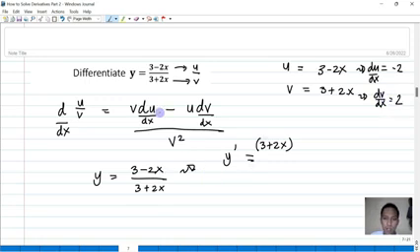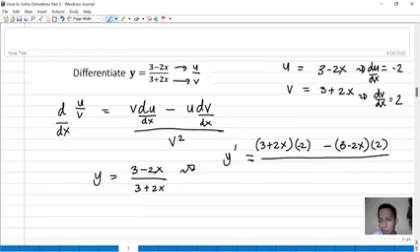So this becomes, the derivative of u with respect to x is negative 2. Minus, we have here u, which is 3 minus 2x, our numerator, times the derivative of v with respect to x, which is 2. So times 2 here, guys. And we have all over v squared, the square of your denominator, which is (3 plus 2x) squared.